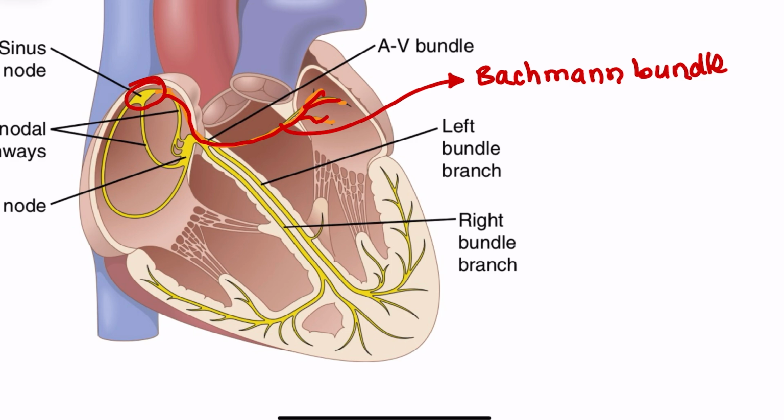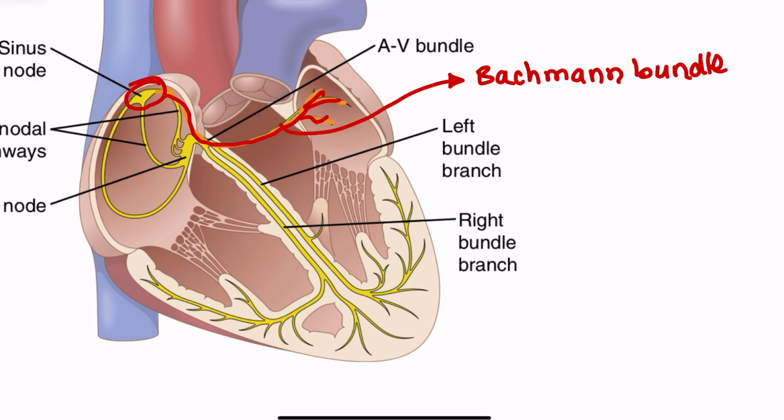Now let's reverse the condition and have a brake system in the AV node, so that the impulse takes a certain time to reach from the atria to the ventricles. In this time lapse, the atria will contract to the fullest while the ventricles are still relaxed.